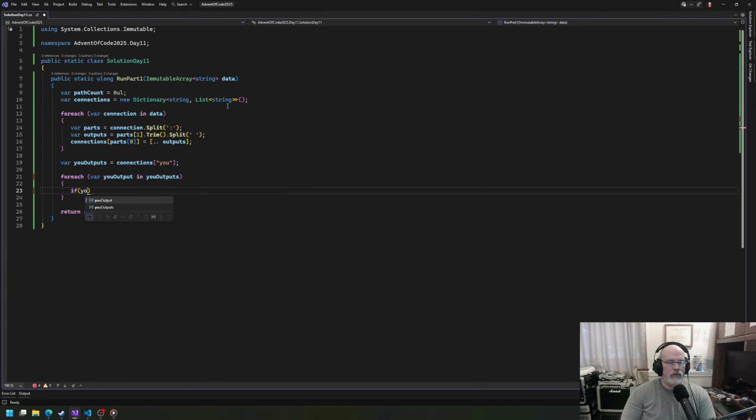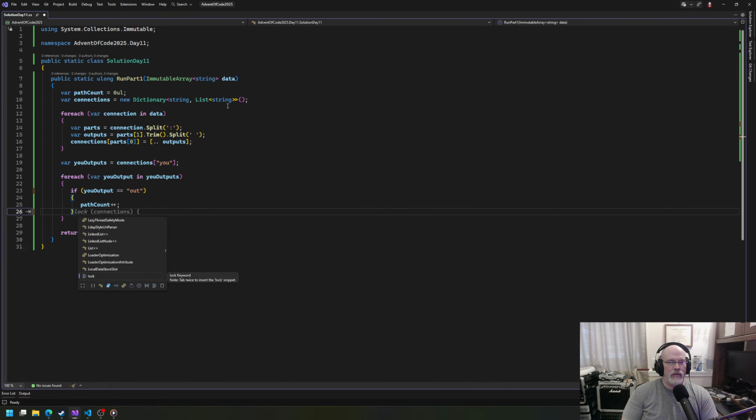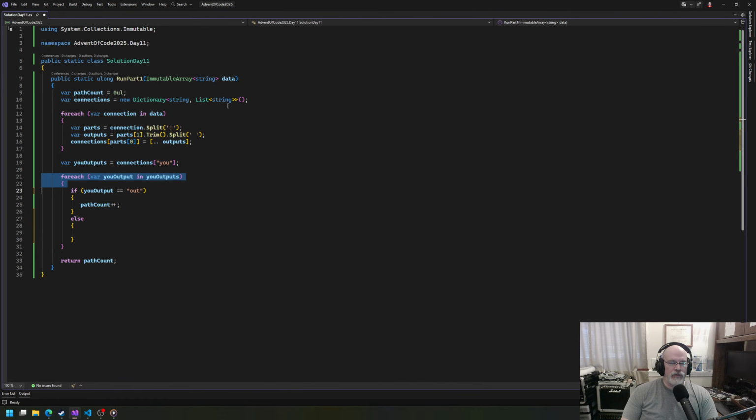I know it's going to have to be recursive. If that equals out, then path count plus plus, because we found another path. Else, we need to basically do this.